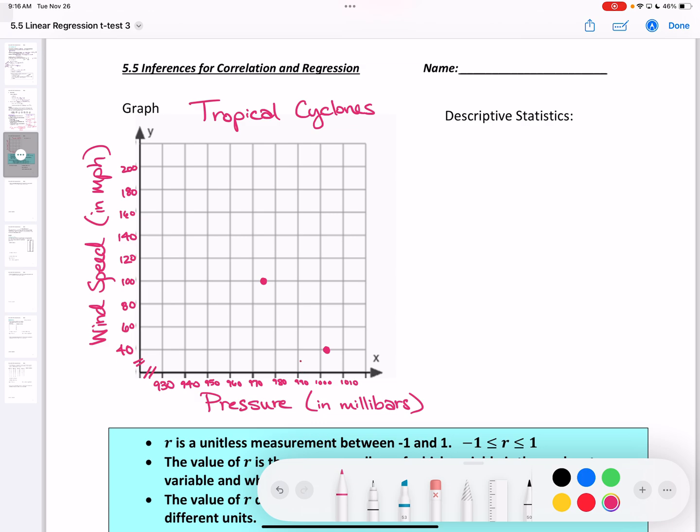So halfway would be 70, so about right there. And then 935, which is halfway here, to 145. 985, which is halfway, to 80. And 932 to 150.